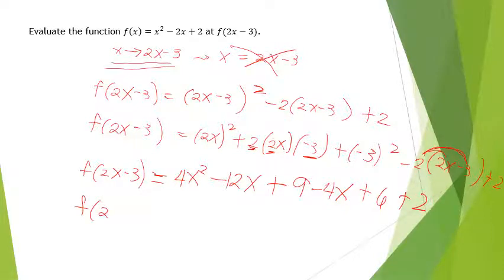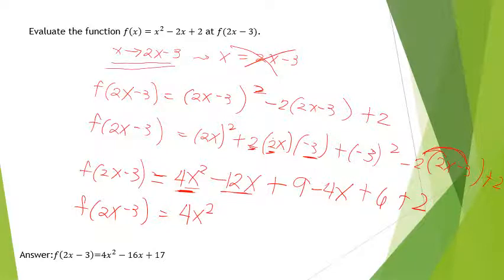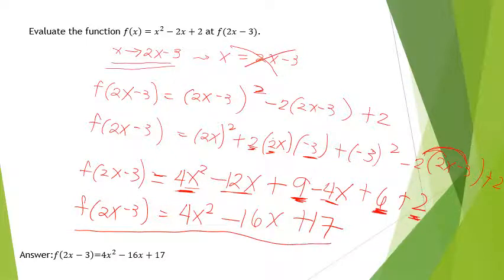So, f of 2x minus 3 is equal to, hanap ng mga like terms. 4x squared. O, like terms, negative 12x minus 4x, negative 16x. 9 plus 6 plus 2. 9 plus 6 muna, 15, plus 2, 17. Okay, tama. So ang sagot, f of 2x minus 3 ay equal sa 4x squared minus 16x plus 17.